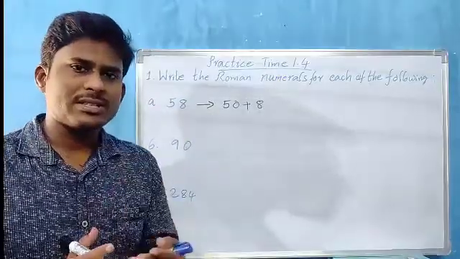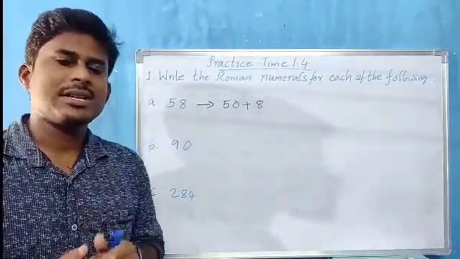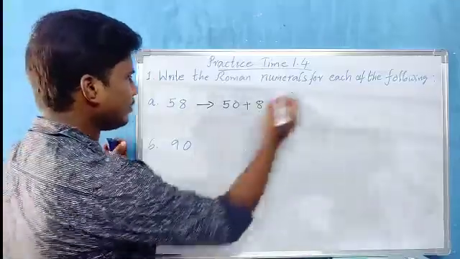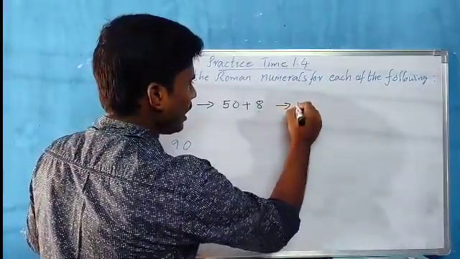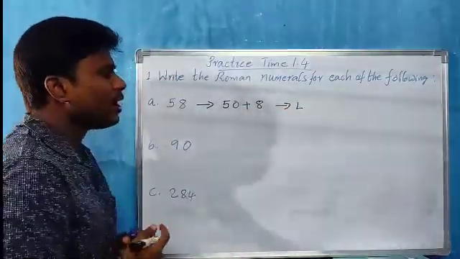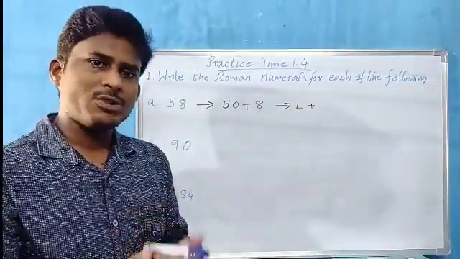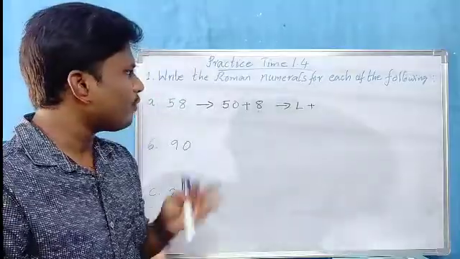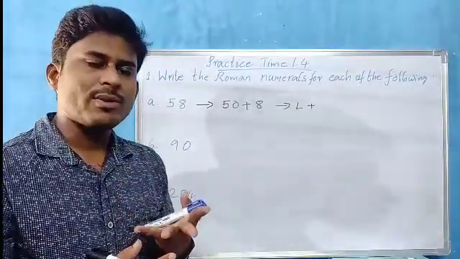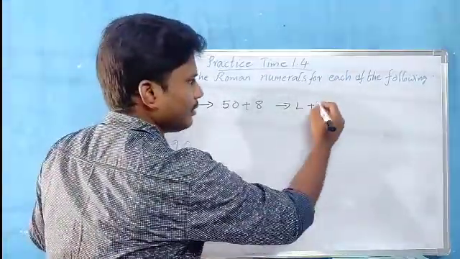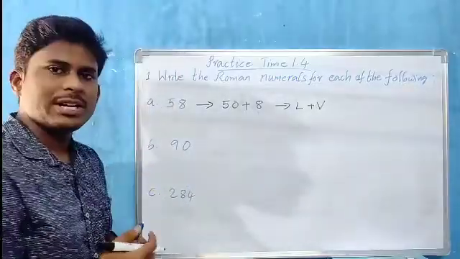Then you have to look for the direct symbols of Roman numerals. Do we have a direct symbol for 50 or not? Yes, it is L, children. So L. And do we have a direct symbol for 8? We do not have. So we write it in the form of 5 plus 3, children. What is the symbol of 5? V. So 3 means what, children?